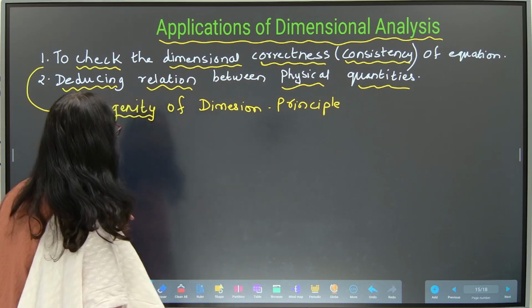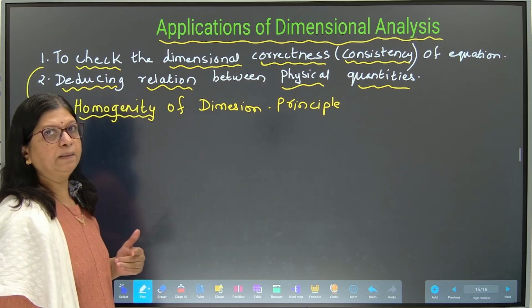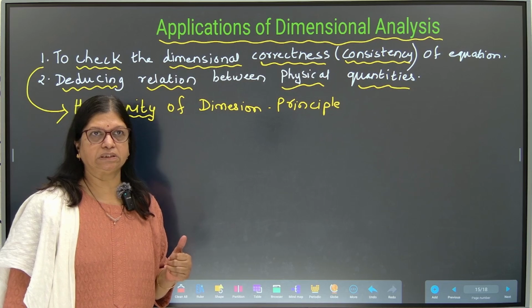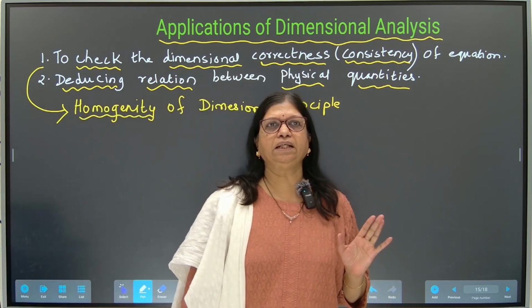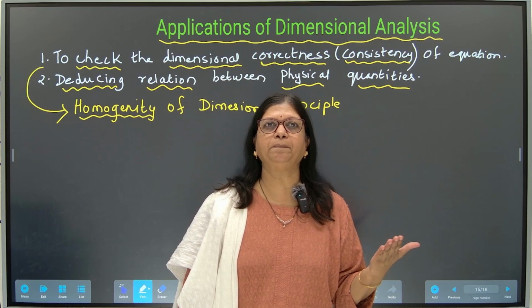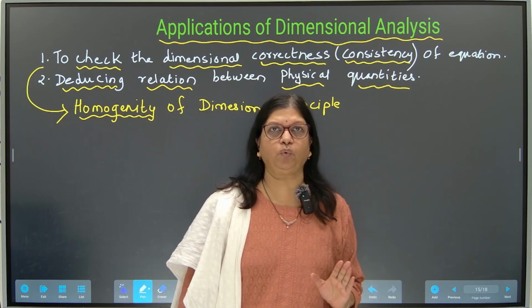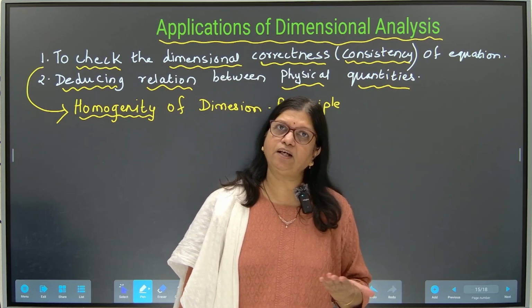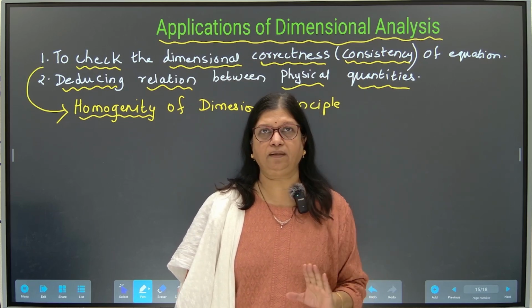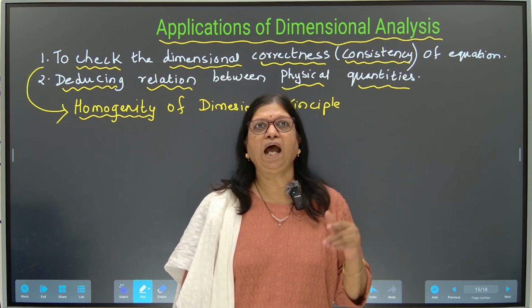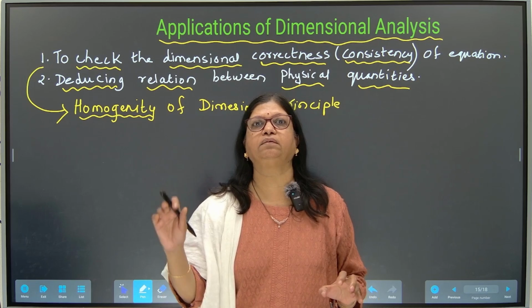Okay. Now what is this homogeneity principle of dimensions? See, in our daily knowledge we know that suppose I want to add mass to some other physical quantity. To which physical quantity can I add it? I can add it to mass only. Correct? I cannot add mass to length.